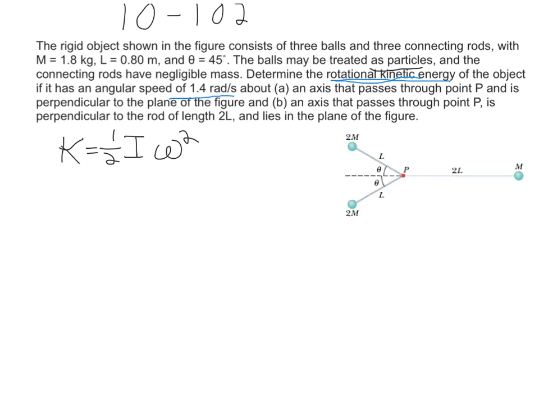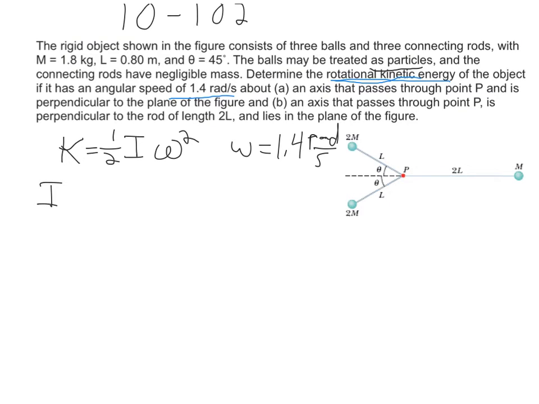Alright? So in order to solve this, we're given omega straight away. We know what omega is for both situations: at least in my problem here, it's 1.4 radians per second. Hopefully your rad per second for spring break is quite high. And then the other thing we need to determine is what I is.